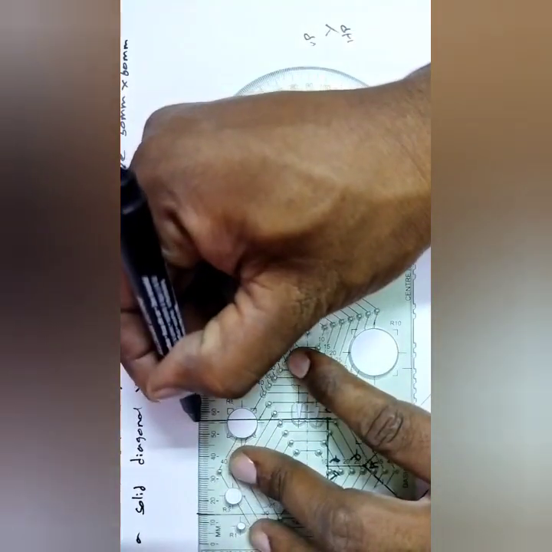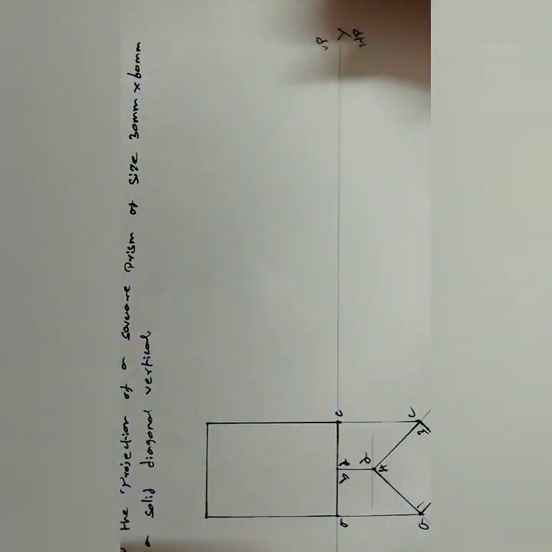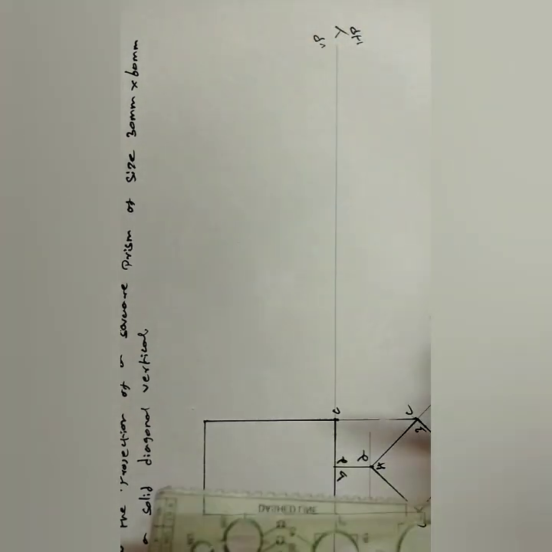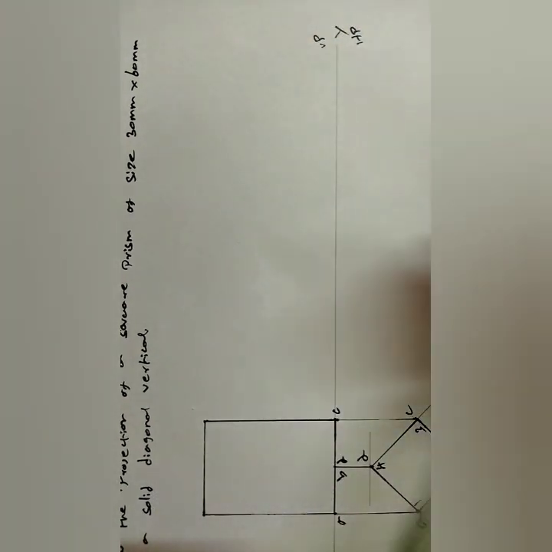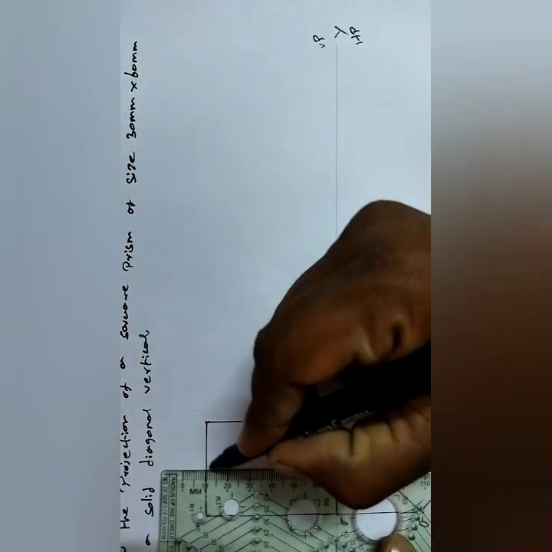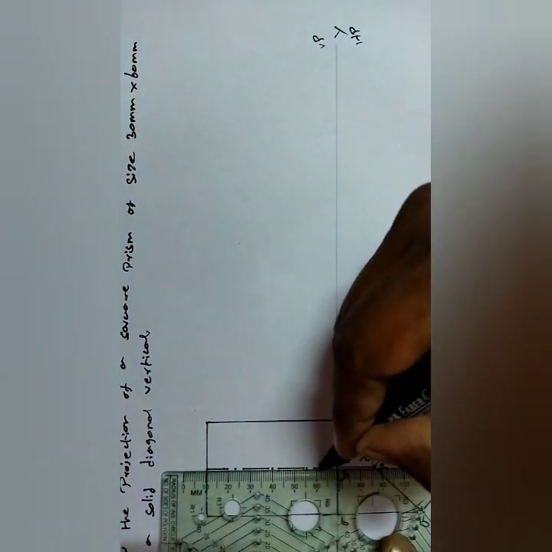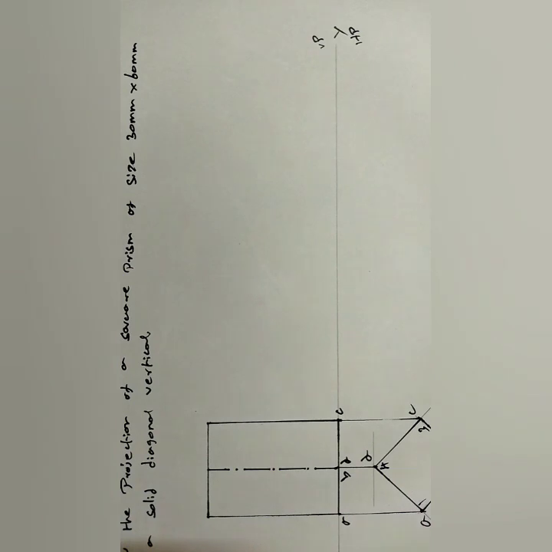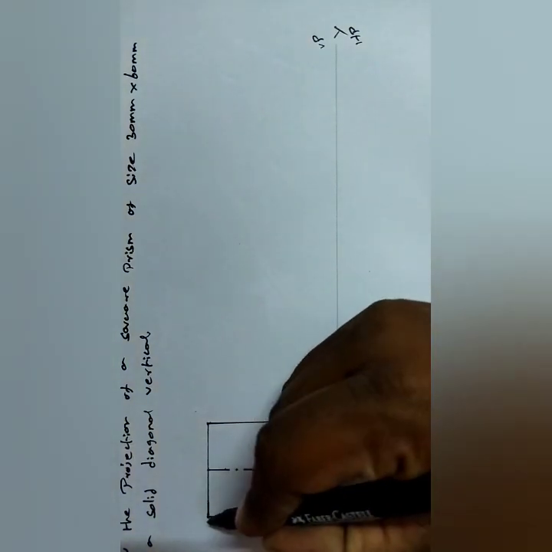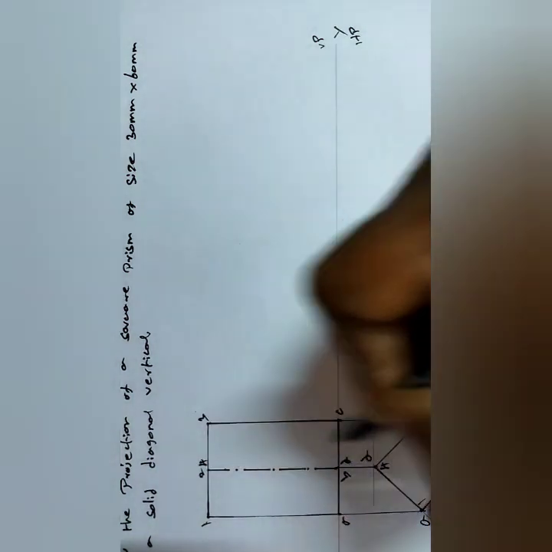Then join the center line; this is the center line. Next, mark the letters on the top side: this is 1, 2, 3 and 4.